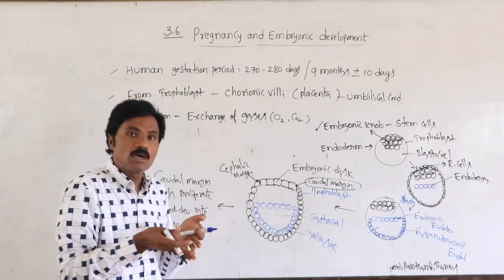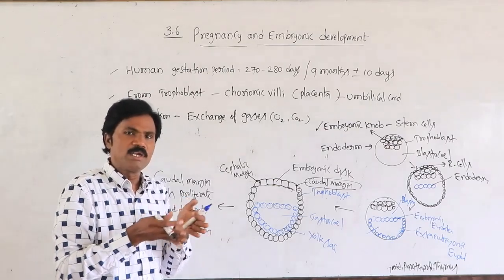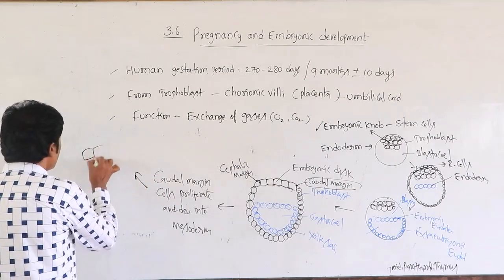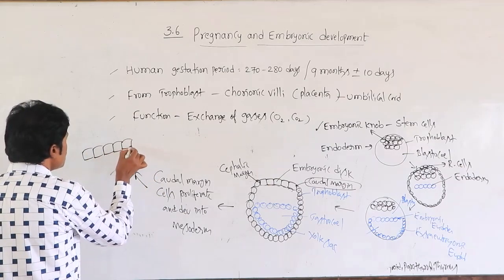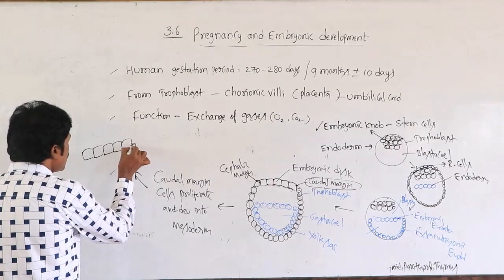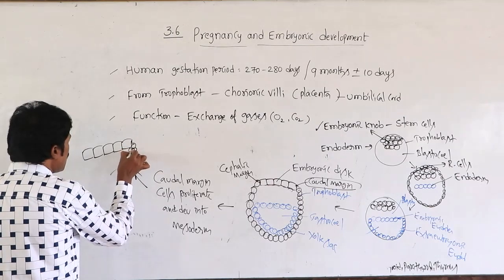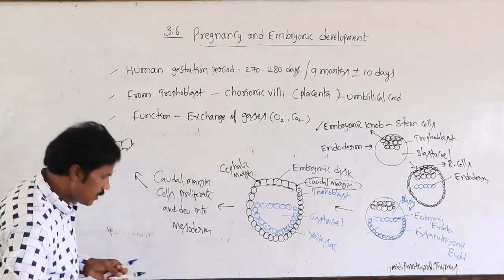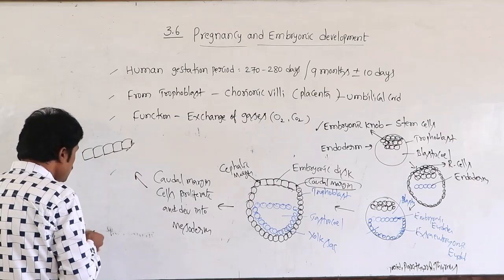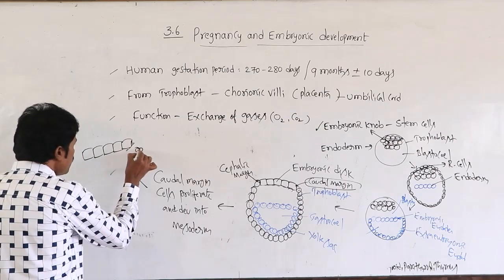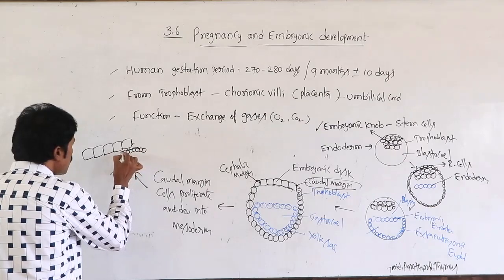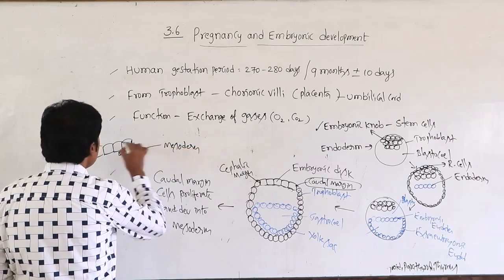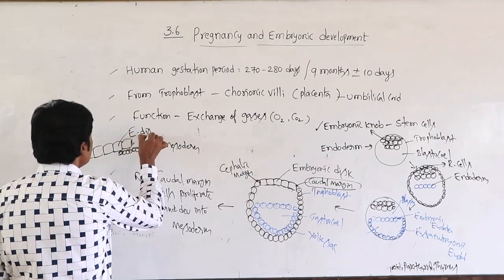It is ready to start, and then afterwards it completely forms. So these specific cells present here are ready to proliferate and ready to divide, like mesoderm. This is the embryonic disc.